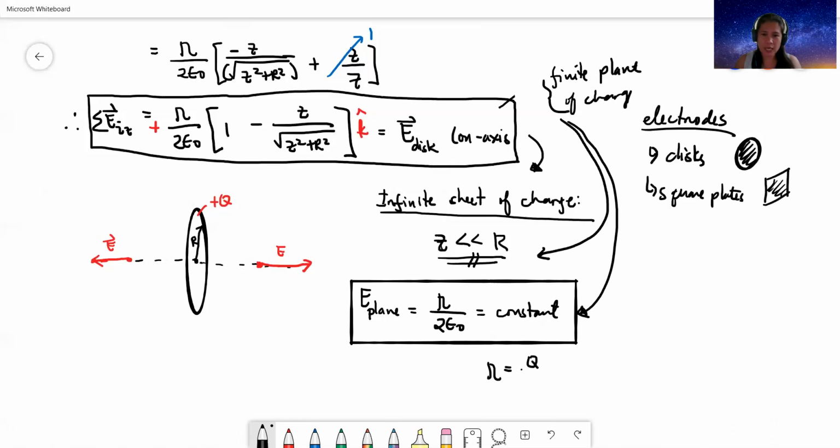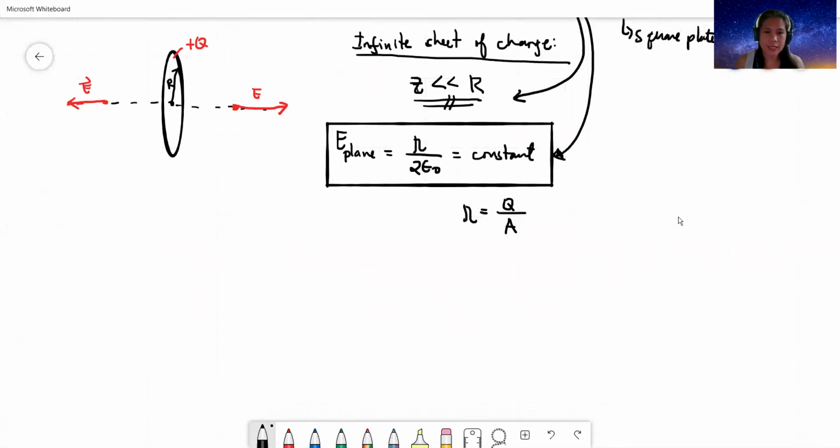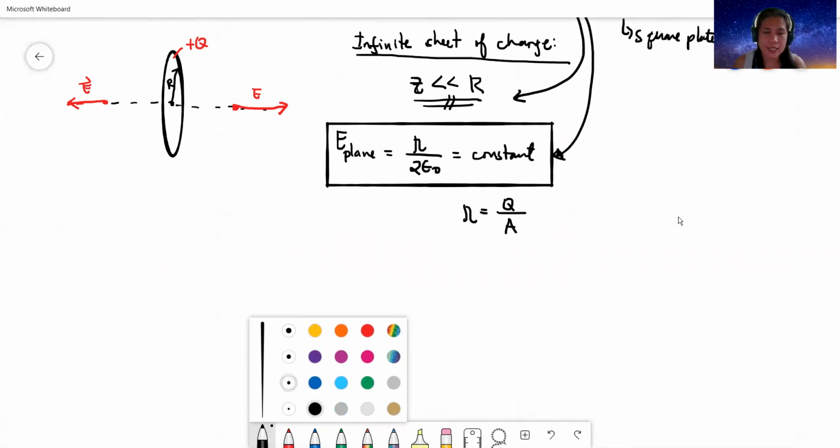So the higher the charge the sheet has, it will have a greater eta if you keep the area constant. So you increase the electric field. If you decrease the area, at the same time increase the charge, then that will also increase the charge density here and thereby increasing the strength of the electric field. Okay? So, if we further take note of this, any sheet pala, any plane, the electric field is constant.